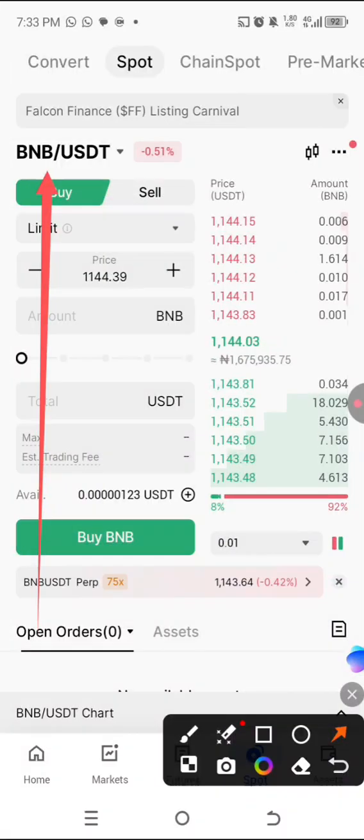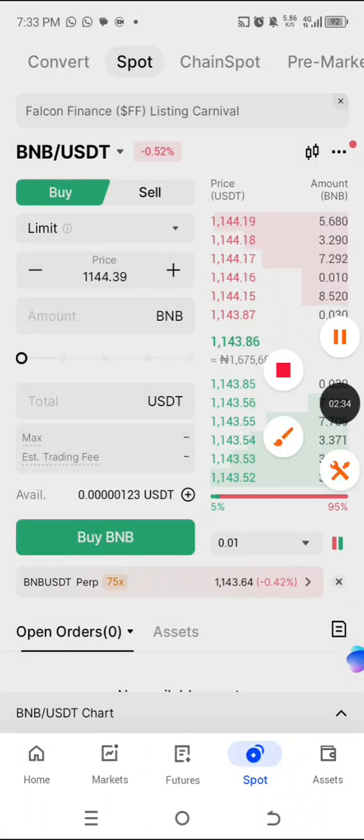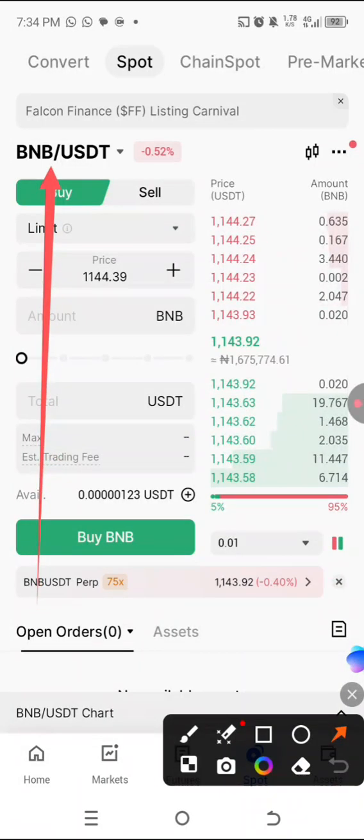Now, when you see here, you'll be able to understand that we have a pair, the BNB/USDT pair. It simply means that if you want to buy BNB now, if you have any money to buy BNB, you are using USDT to pay. That is it.